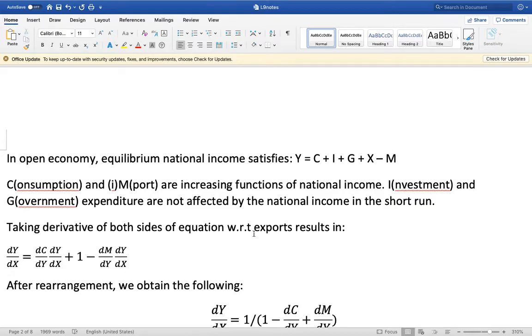Take the derivative of both sides with respect to exports, which will result in this formula. Because I and G are not affected by this derivative, they will disappear after taking the derivative with respect to x.